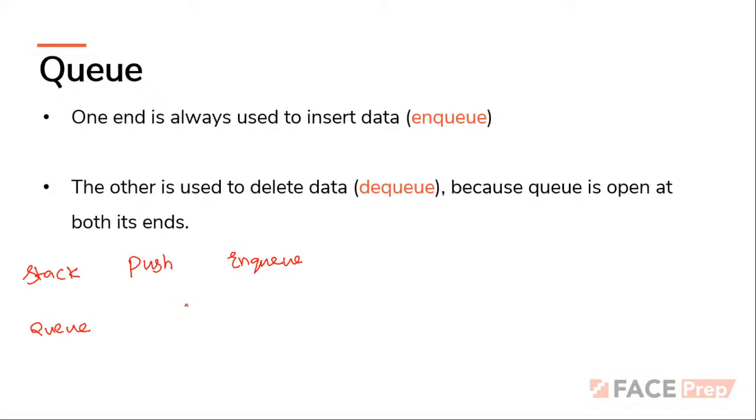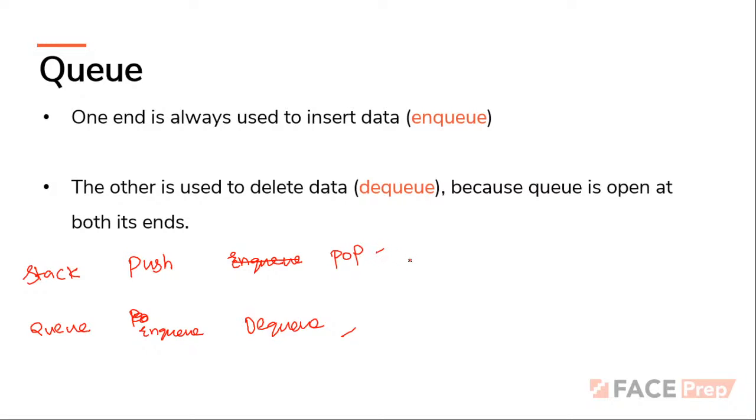Similarly, for deletion in stack we use the term pop. I made a mistake, it should be Enqueue here. For deletion in stack we use the pop function, while here we use a function called Dequeue, where insertion and deletion happen at different ends in a queue, and at the same end in a stack.